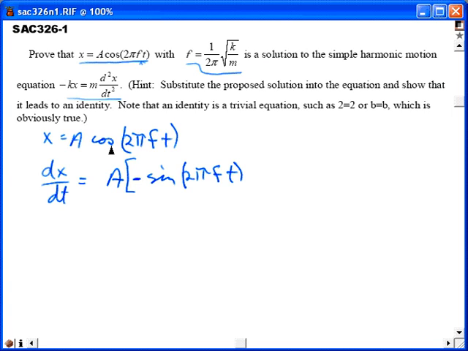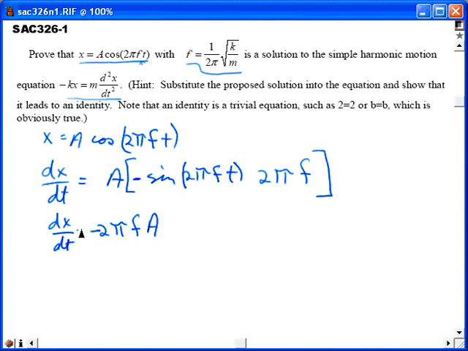We're using the chain rule for the function of a function. We've got the function is the cosine of y, where y itself is 2 pi ft, a function of t, the variable with respect to which we're taking the derivative. And so we got the derivative of the cosine with respect to its argument, and then times the derivative of the function that's inside, which is just going to be 2 pi f. And I'll simplify that a little bit. dx by dt can then be written as 2 pi f times a.